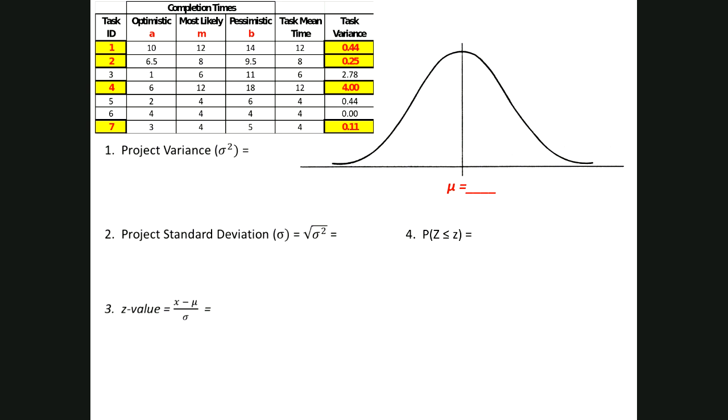And the reason that we can assume that relies on the central limit theorem, which says the average of many random variables approaches a normal distribution. So we're going to assume that the central limit theorem holds, and that the completion time has the normal distribution.